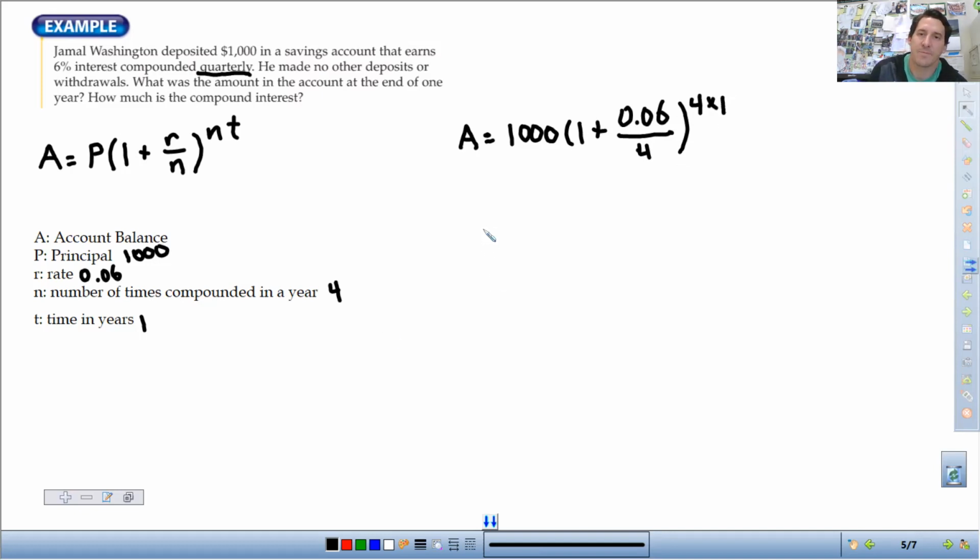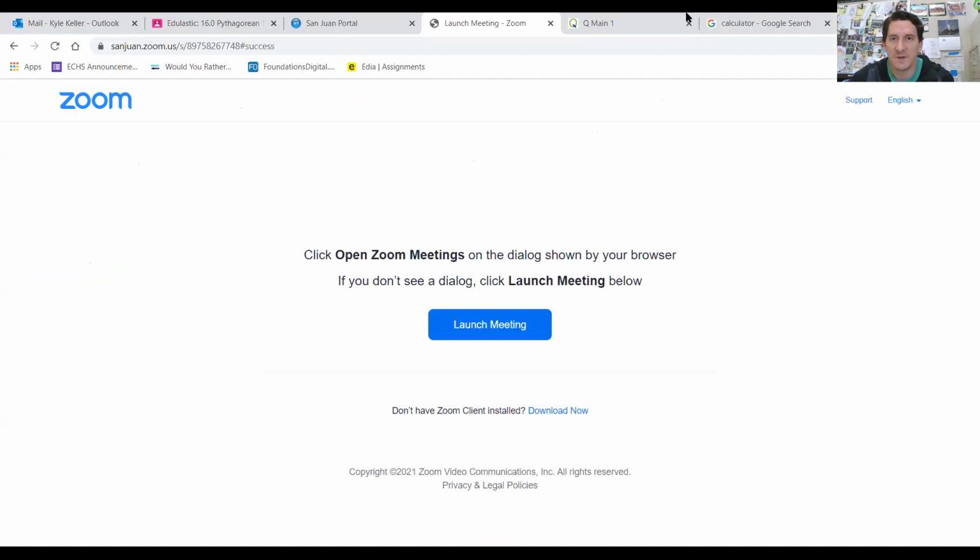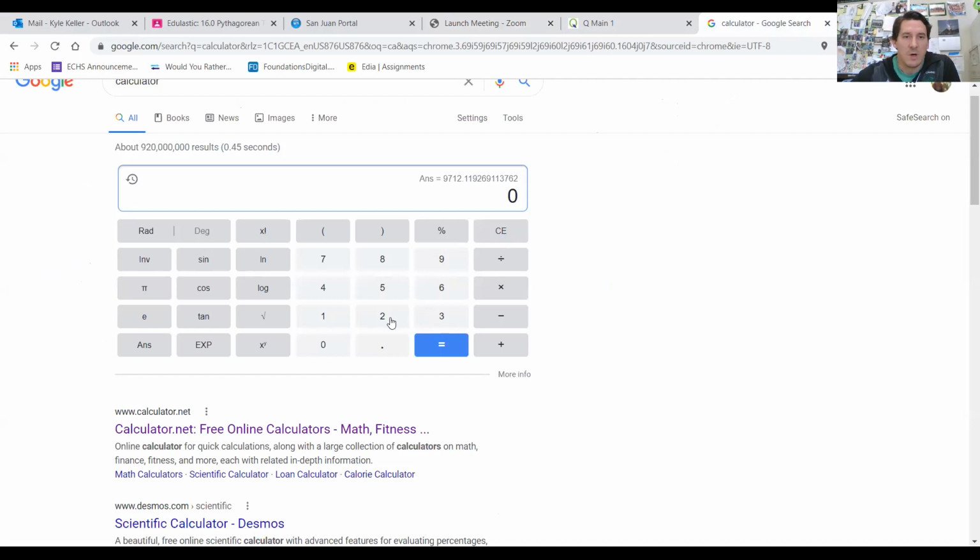All right. I'm going to put this all in the calculator. So let's bring up a calculator for us to use. So the original was 1,000 times, make sure you include parentheses. You do 1 plus the rate, 0.06, divided by 4. This is the number of times it's compounded.